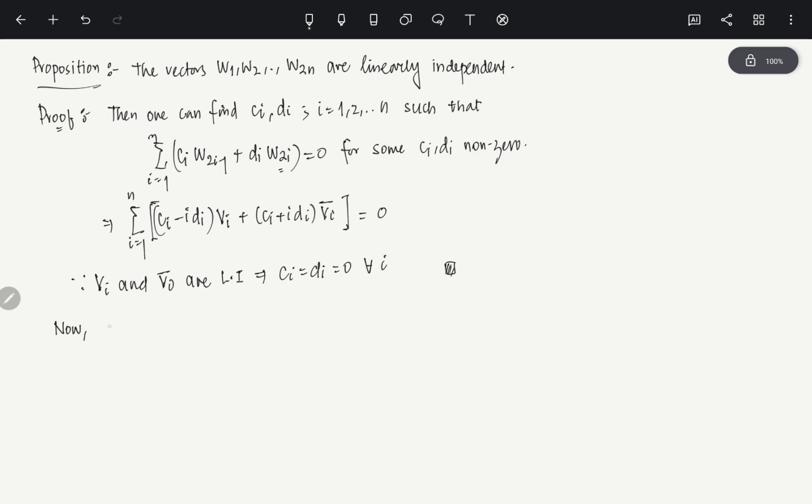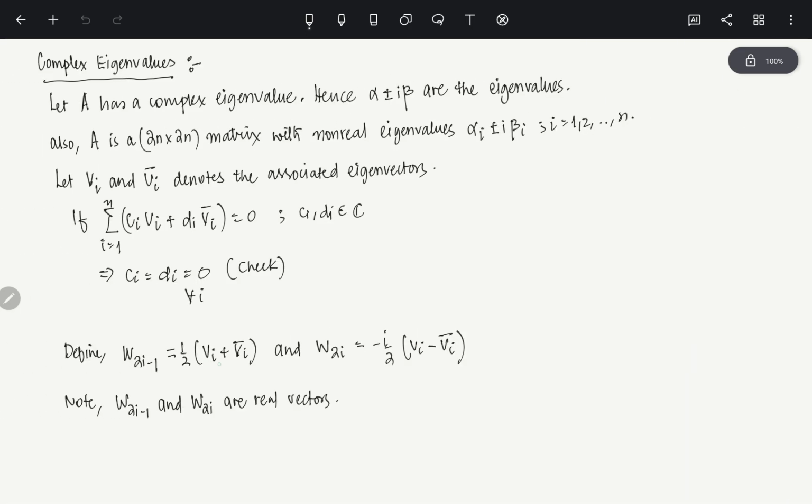Now A of W_{2i-1}, what is it? Let's look at this. This is half A of V_i plus A of V_i bar. See, W_{2i-1} is nothing but half of V_i plus V_i bar.